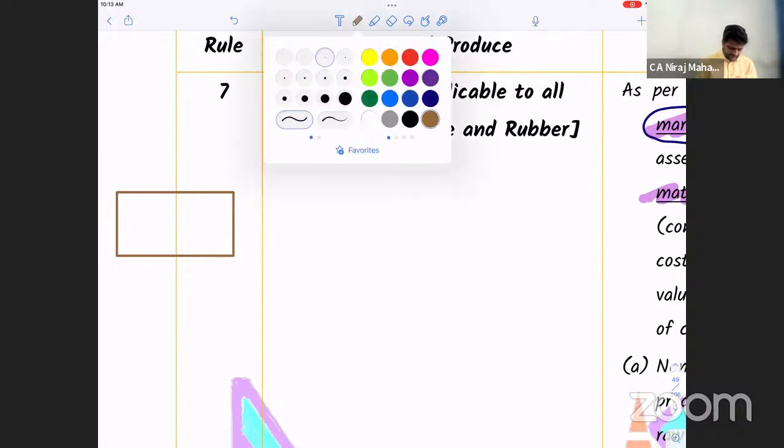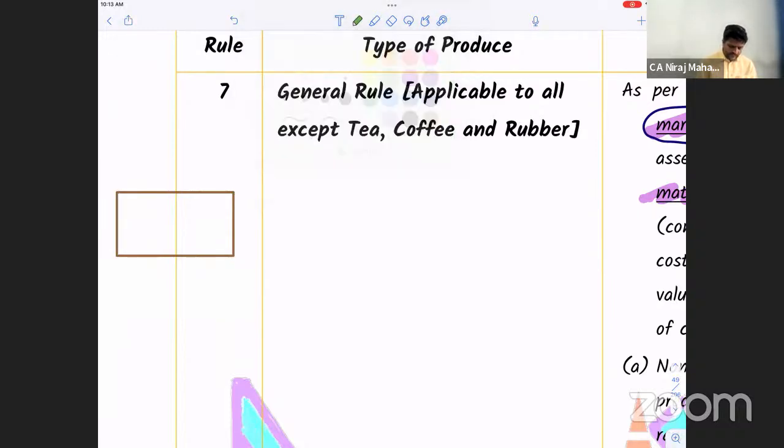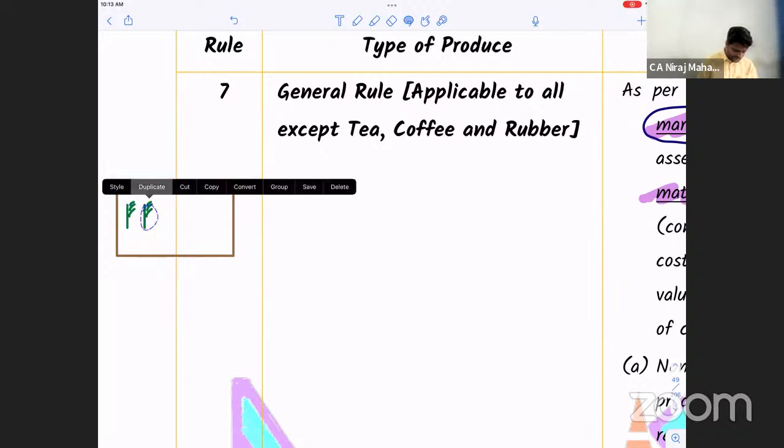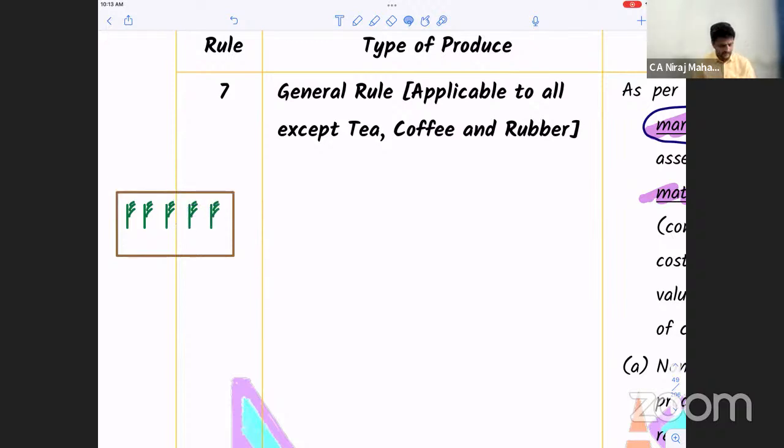There's an agricultural land. We're going to do an amazing drawing again. This is your sugar cane. Initially there was nothing, so you have grown the sugar cane.